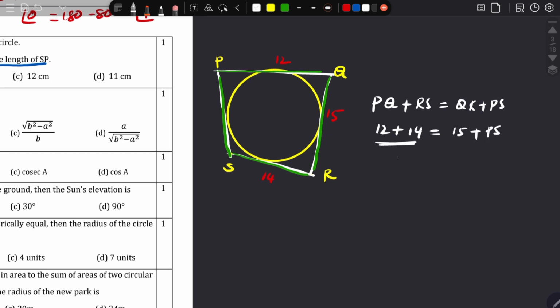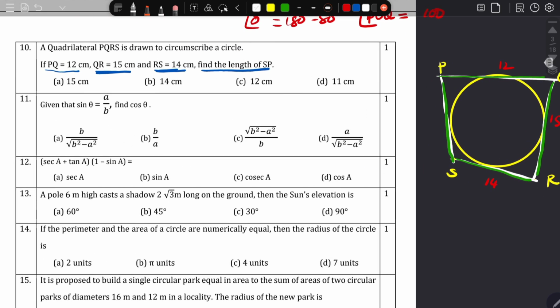So, this addition is 26, which is equal to 15 plus PS. Therefore, PS is equal to 26 minus 15, which is equal to 11. Which is the correct option? 11 is in option D. So, therefore, option D is the right answer.